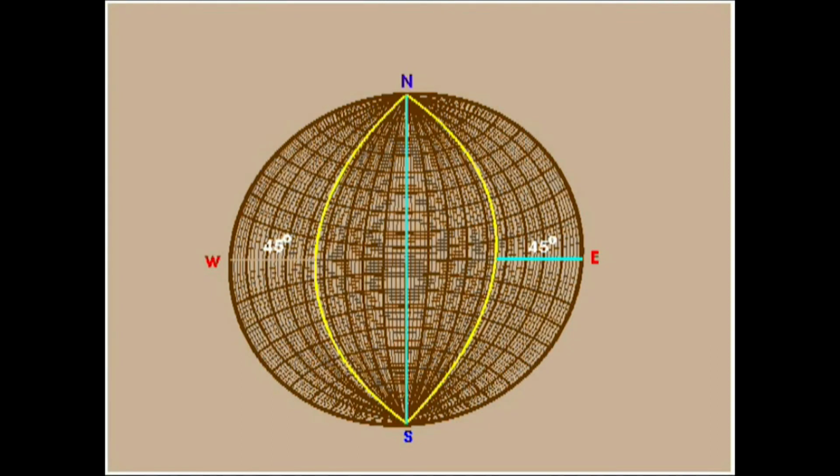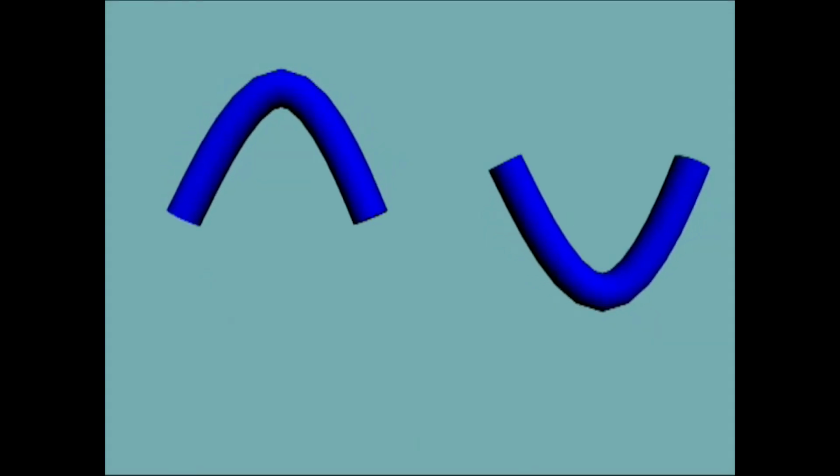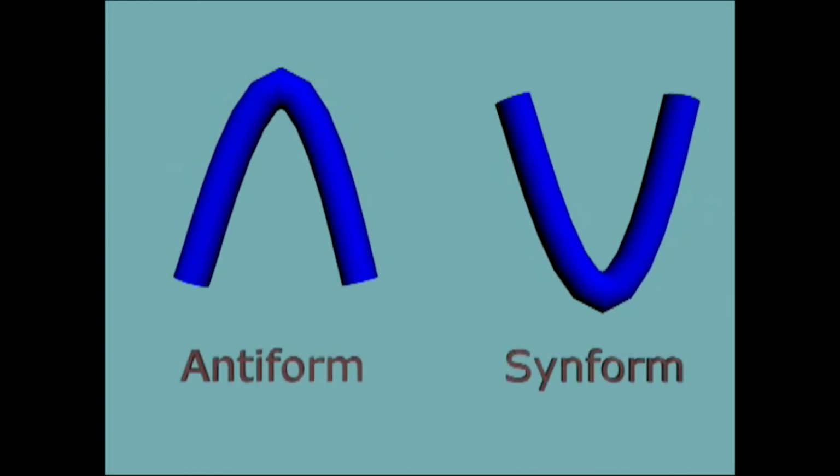A plane striking north south and dipping 45 degrees towards east, and another plane striking north south and dipping 45 degrees to the west may define an antiform or a synform or an eastward closing neutral fold or a westward closing neutral fold.